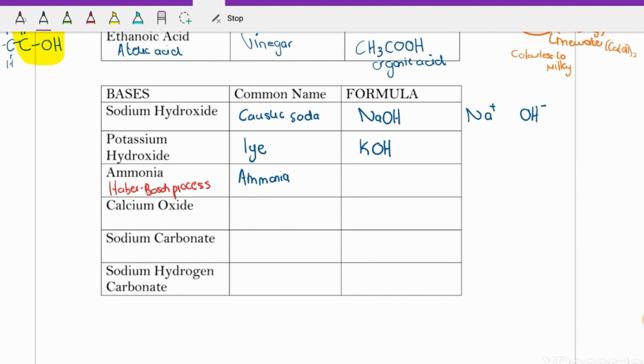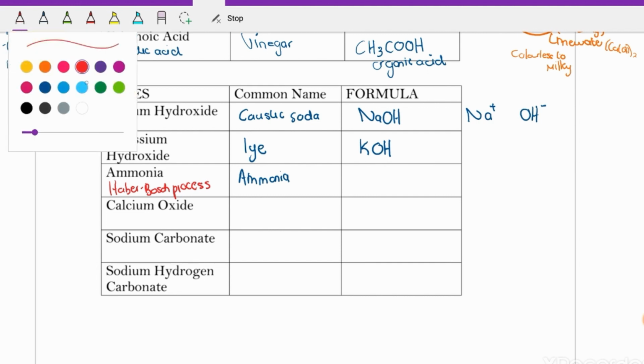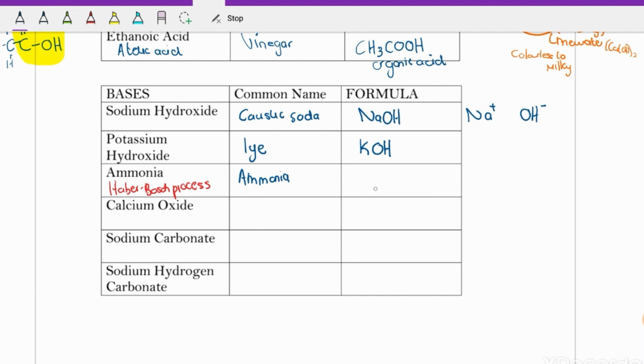It's really fascinating, but we'll get to all of that later on. So the formula for ammonia is NH3.